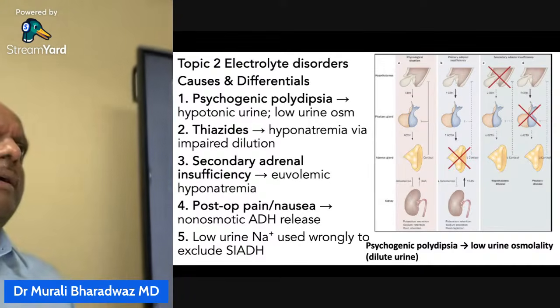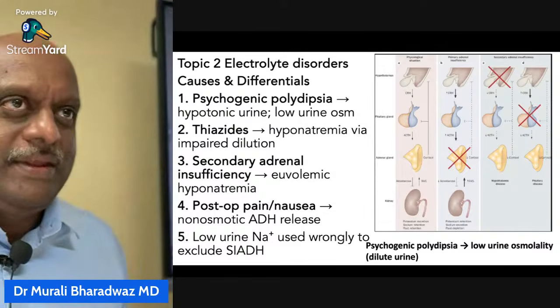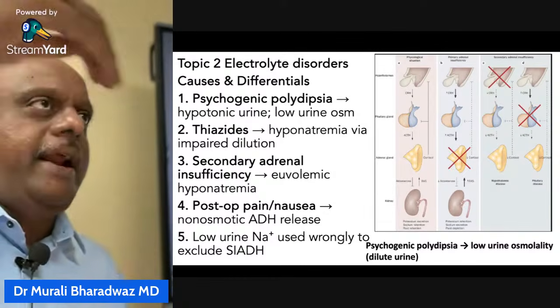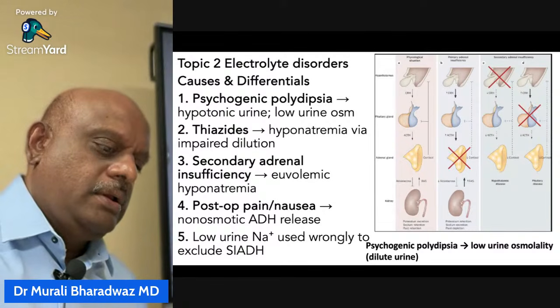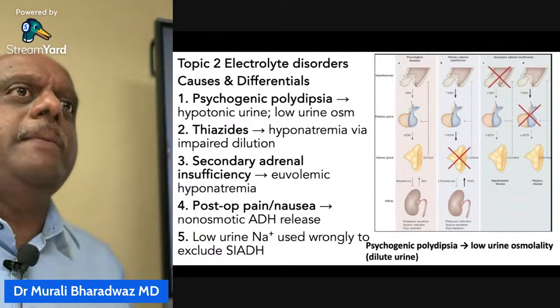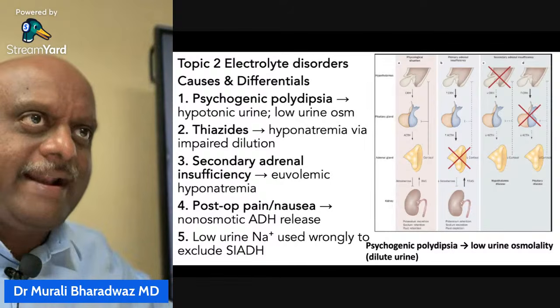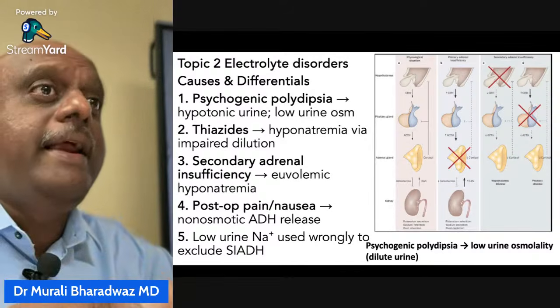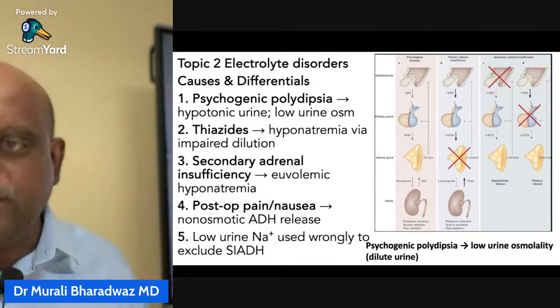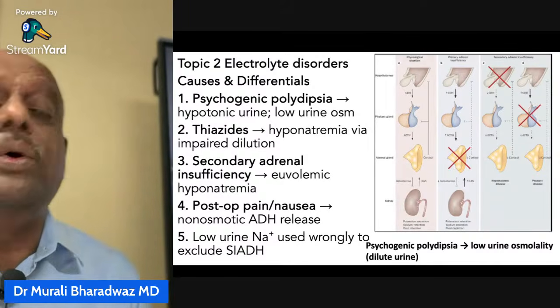First of all, what happens in SIADH? Whenever SIADH is there, ADH will lead to water reabsorption. That reabsorbed water will expand the plasma volume. That will cause the stretching of atria. That releases the atrial natriuretic peptide. That leads to development of natriuresis and increase in the urinary sodium.